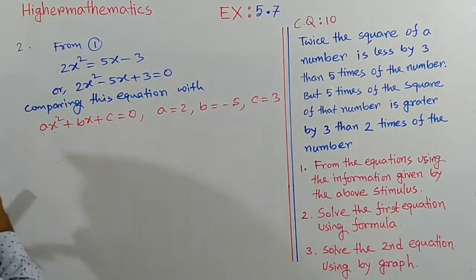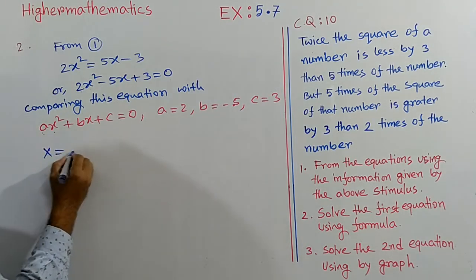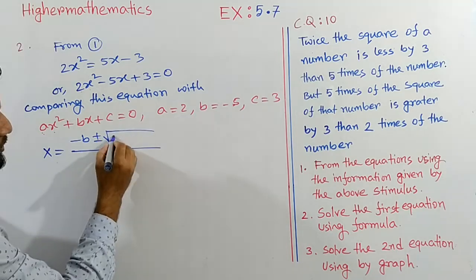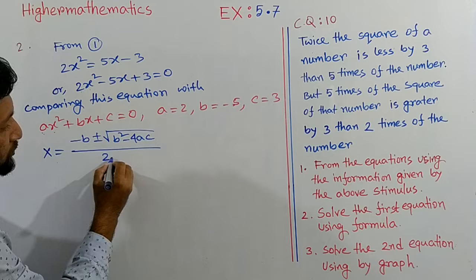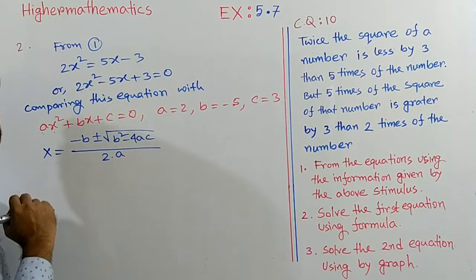Okay, the solution of a quadratic equation, we know x equals minus b plus minus root of b square minus 4ac, divided by 2a. This is the quadratic formula.